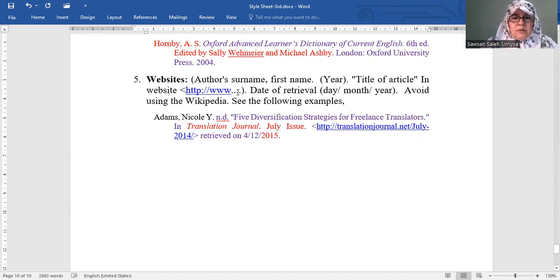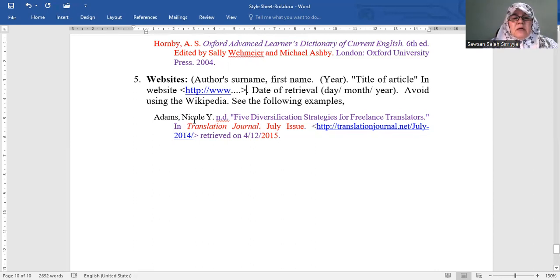Okay, you use these for the website. Okay, date of retrieval, month, day, and year. Avoid using Wikipedia. Never forget, Wikipedia is changed every now and then. If you find a site, it's better to have a PDF, because it will be more limited.